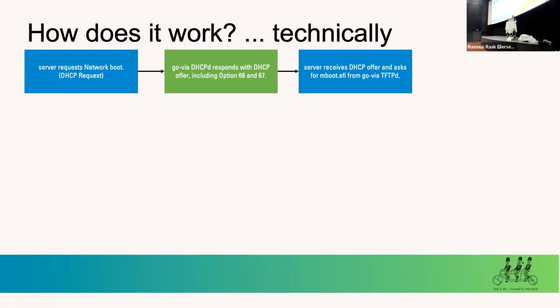So the server will receive the DHCP offer, and it will ask for the mboot file from the TFTP. Now, depending on which version you've said that this ESXi hypervisor should be installed with, if it's 7.0 update 3 or 8.0 update 1 or something, the TFTPD will look at who's doing the asking. Okay, you're going to be imaged with this.